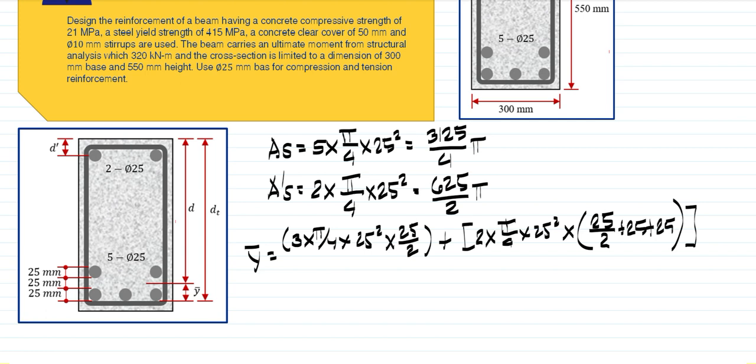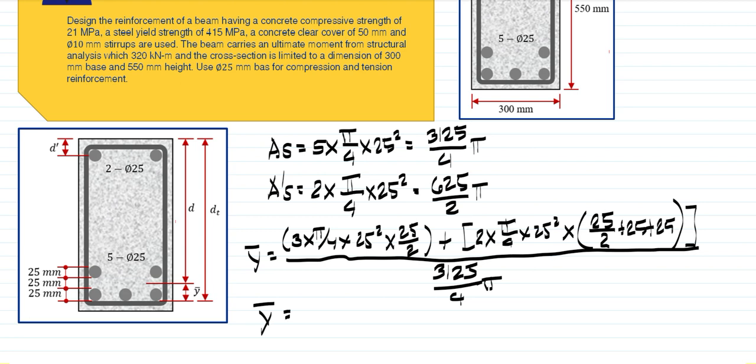So, that is divided by yung total area ng steel natin, which is 3125 over 4 pi. So, getting the value or calculating, we will have a value of y bar which is 65 over 2 mm.